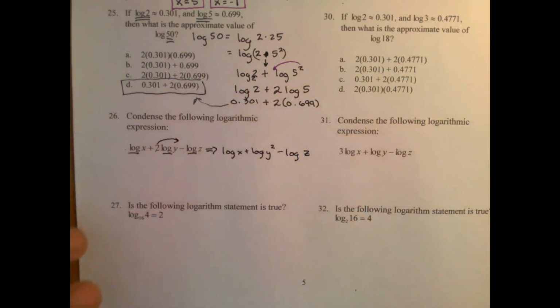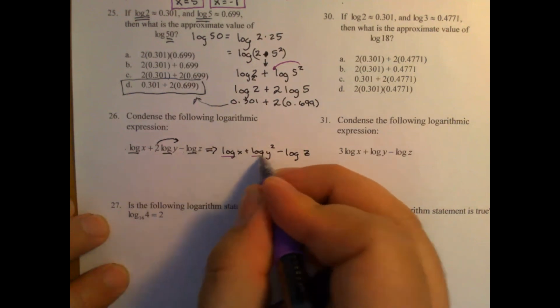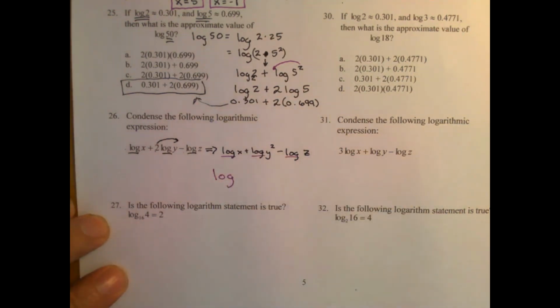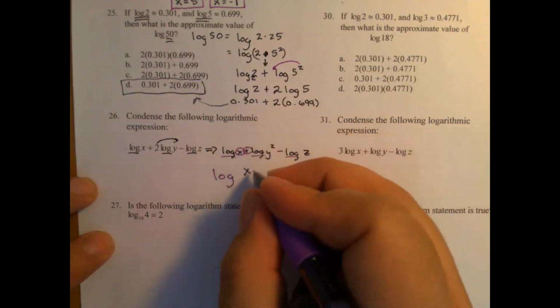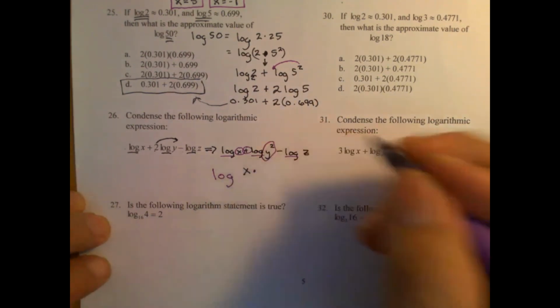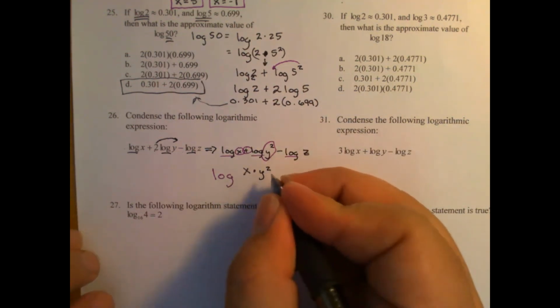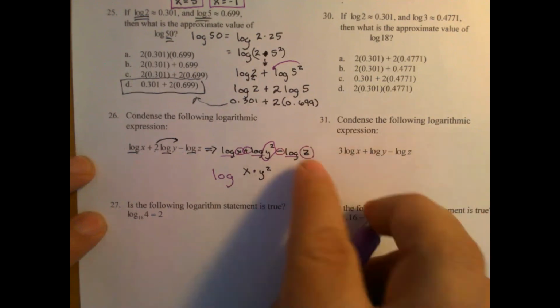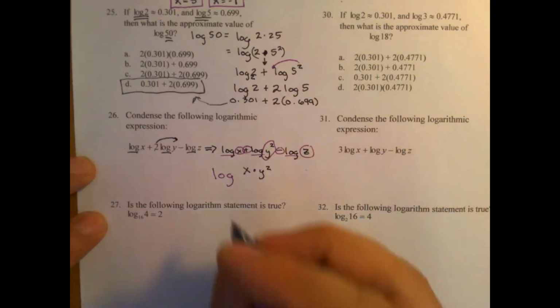And so now I'm ready. All of these logs are now just going to be one giant log, we'll say. And here we go. There's an x. Then I write my x. It says plus, so that means times. There's a y squared, so x times y squared. A minus sign means that whatever's after the minus, which is the z, should be at the bottom of a fraction.